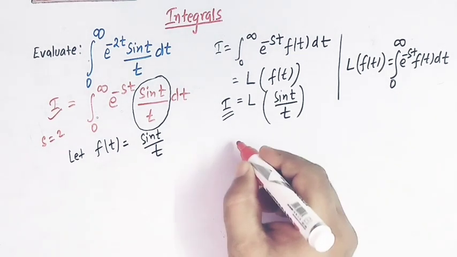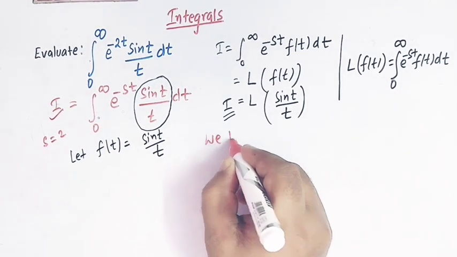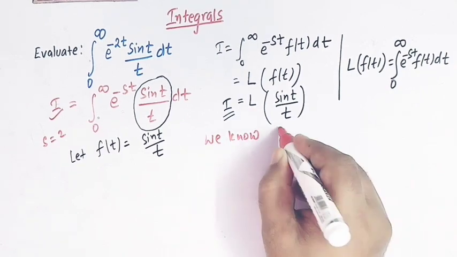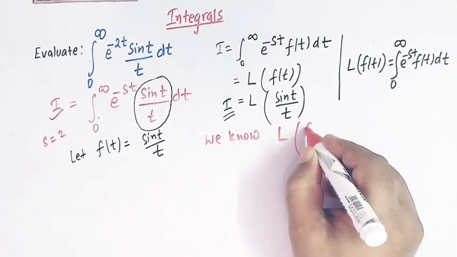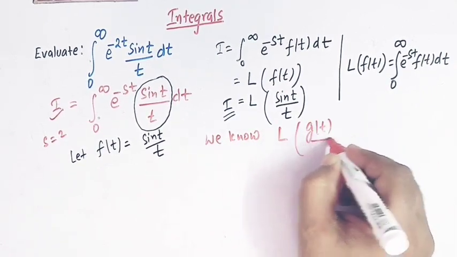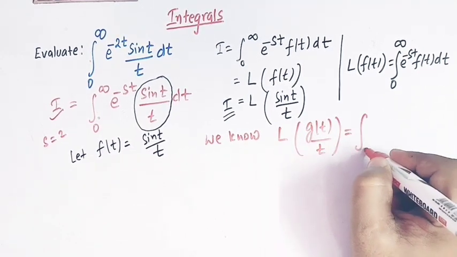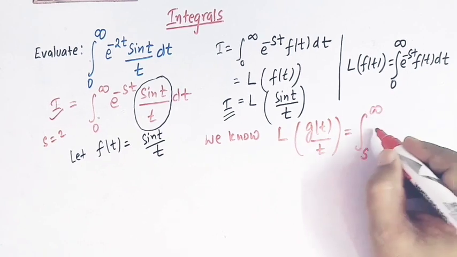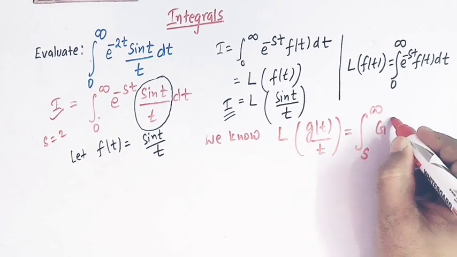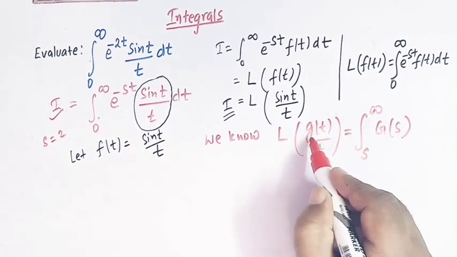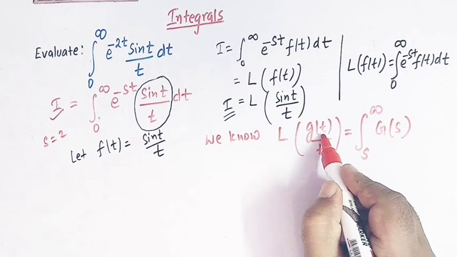Now see, we know that the Laplace transform of g of t divided by t is given by this integral, that is s to infinity, and the Laplace transform of this function g of t, right?